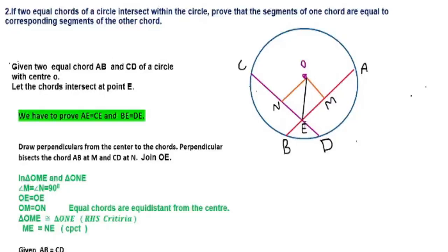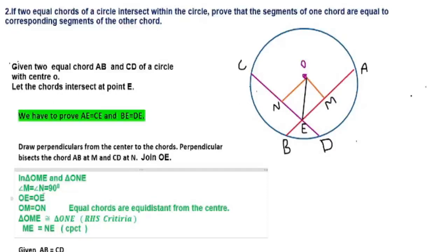We have learned the theorem that the perpendicular from the center of the circle bisects the chord. Here OM is perpendicular to AB, so OM bisects AB, that means AM equal to BM. Similarly, ON bisects CD, so CN equal to DN. Now in triangle OME and triangle ONE, angle M equal to angle N equal to 90 degrees because we have drawn the perpendiculars.